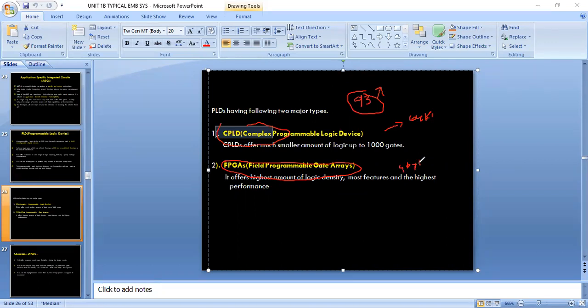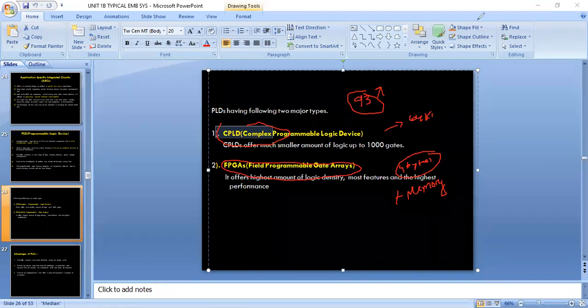One more thing, it is added with memory. Every time we need not give input values, we can save those values here.